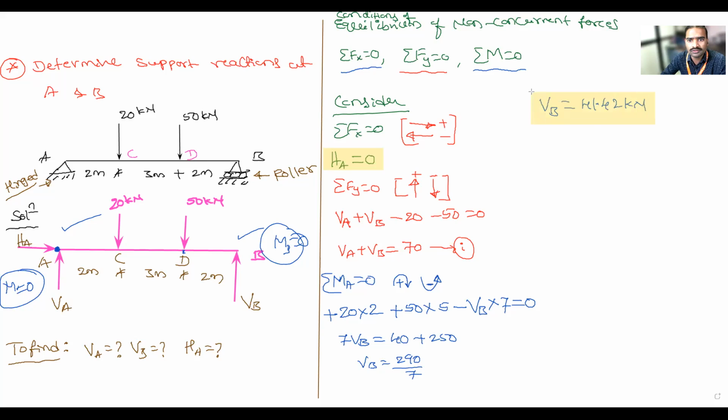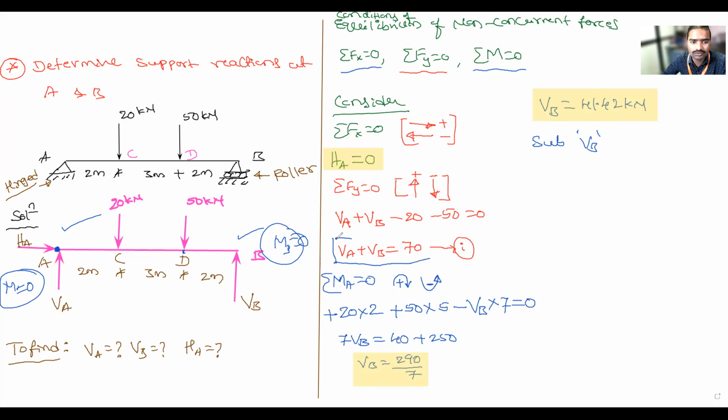Is it clear, everyone? Is everyone getting the correct answer? Yes, sir. Okay. Next, you have found VB. So next, what do you have to find out? We have to find out the VA value. So how to find the VA value? Substitute this VB in which equation? In equation number 1.